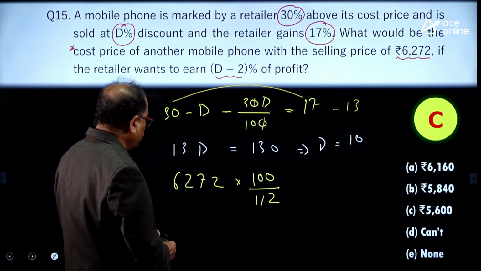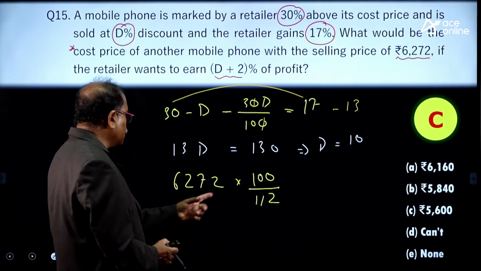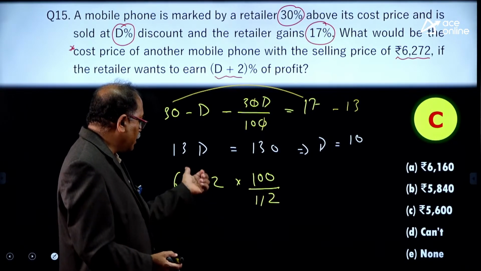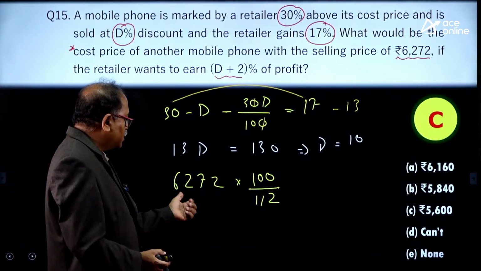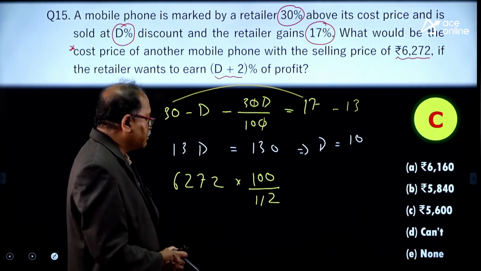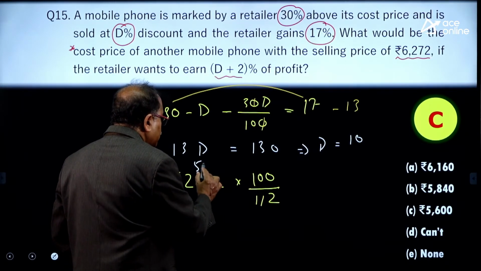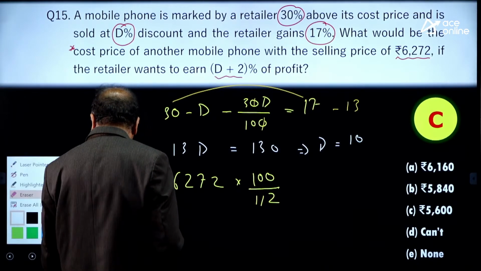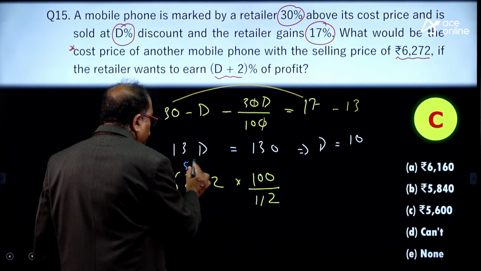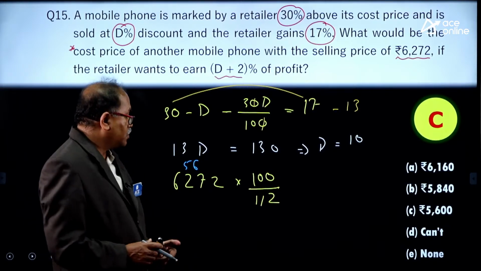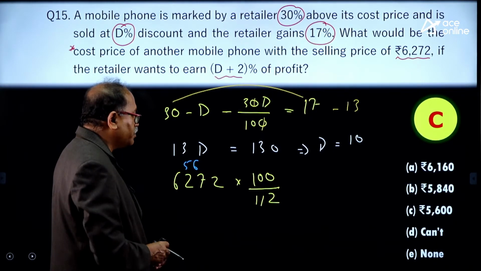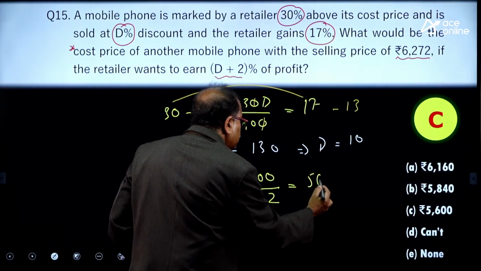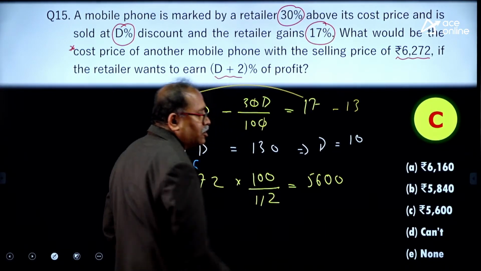The first time it goes 5 times, 12 5s are 60 and 5, and I will be left with 672, that goes 6 times. So, that means this is 56. This gets cancelled 56 times. So, what should be my answer? 56 followed by 2 zeros. I am getting the answer for this question as 5600. That is your answer, option choice C.